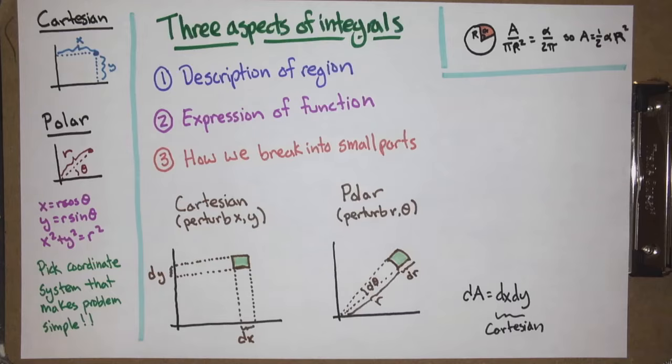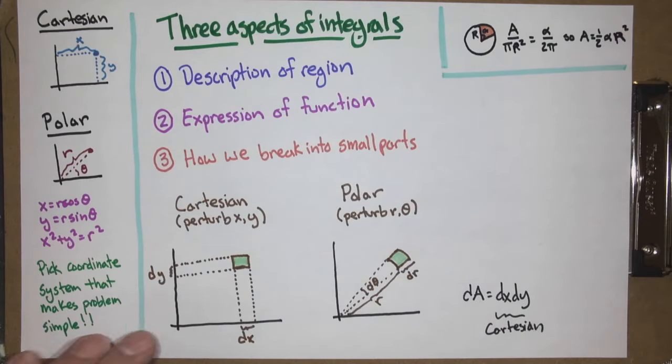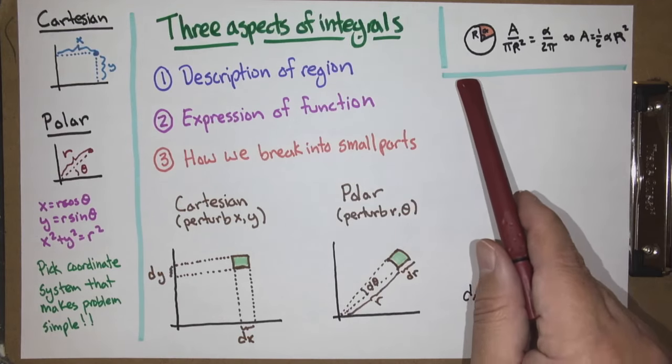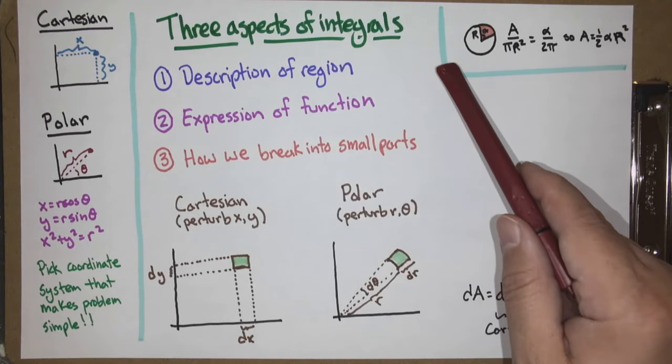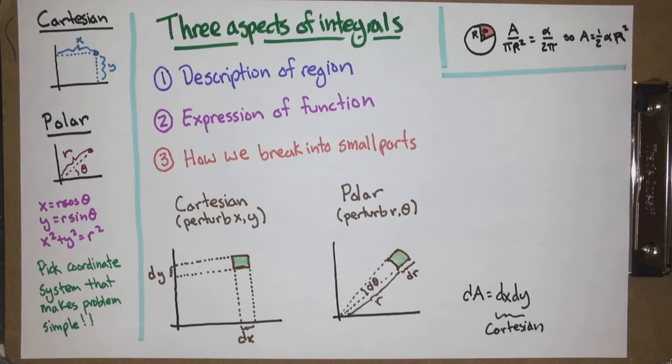Now the question, what's the area? Well, I have a start of the derivation. Up here, there's a nice geometrical fact which says, suppose you have a circle of radius r and you cut out a wedge of angle alpha.